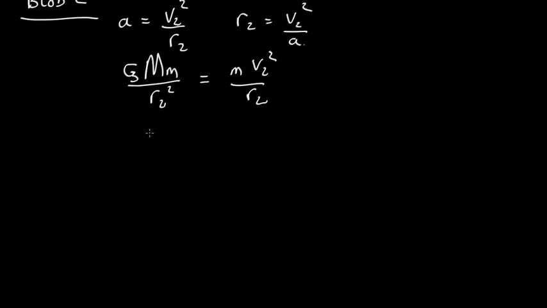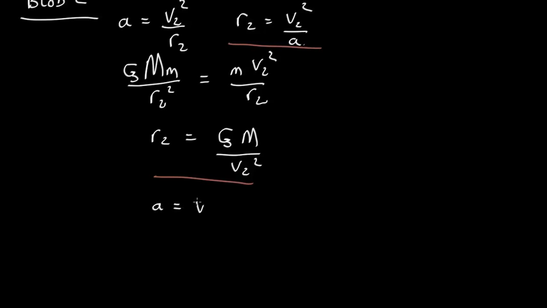So if we rearrange that, we find that R2 equals G M over V2 squared. So now we've got two equations, both of which give us R2. If we set them equal to each other, we can hopefully get rid of R2, which we don't really care about. So we get an expression for the acceleration: A equals V2 to the fourth over G M.